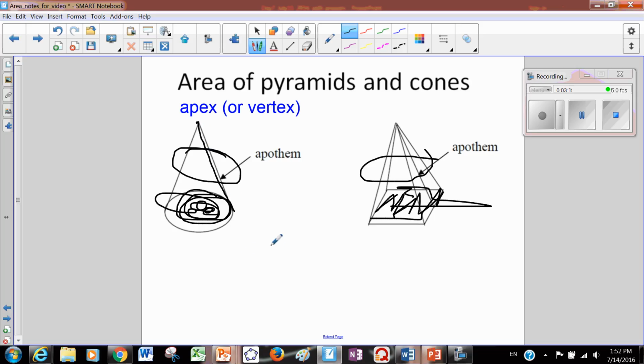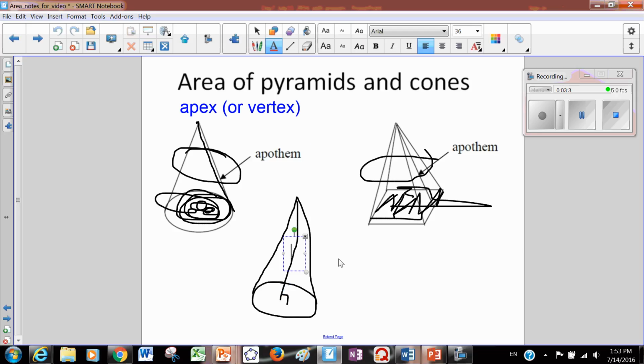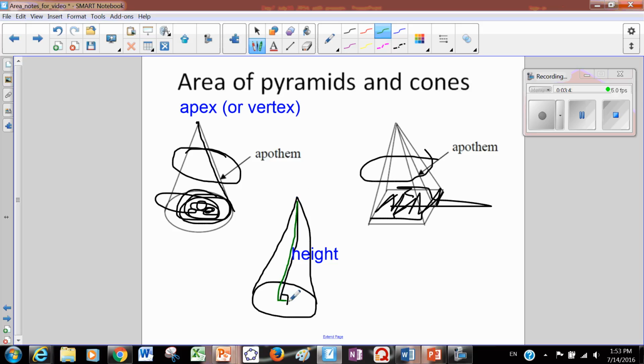That's the apothem. And you see that if we have a cone like this and we bring down the height, it's always 90 degrees. So this here would be the height. I'm going to take another color to show you. I'm going to do it in green. If I come down here with the height, and here I have my radius, and here I have my apothem, you see I have a right angle triangle. And we can use the Pythagorean theorem when we have that.